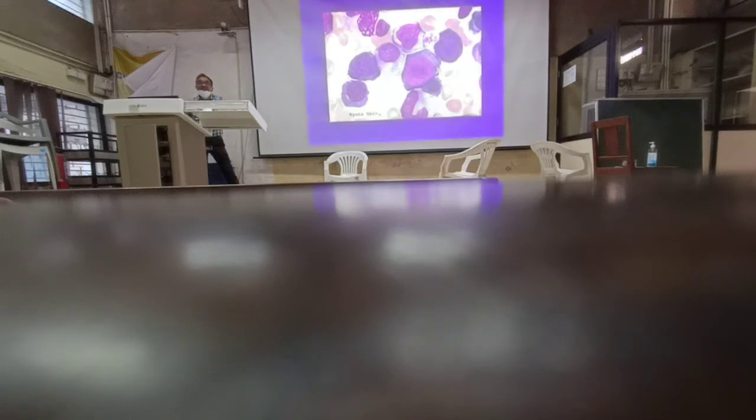Here again, as in the last lecture also I have told you, in the bone marrow picture just keep your eyes a little bit small: the cells with darker cytoplasm are the erythroid progenitors, and the lighter cytoplasm ones are the myeloid precursors or WBC precursors.